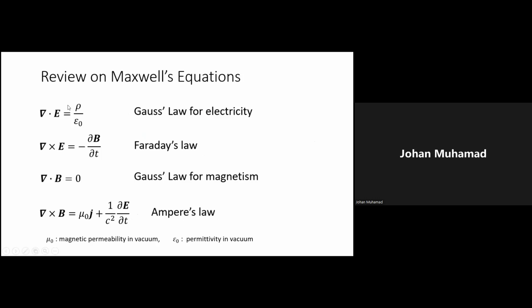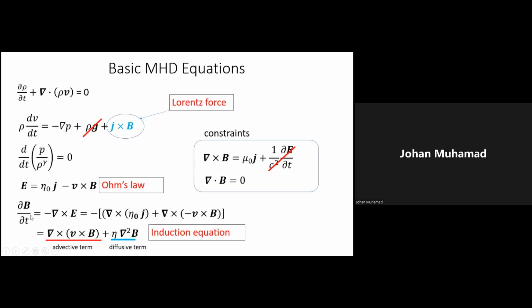So we have the electric field here, and this E consists of two parts. The first one is the ohmic term.